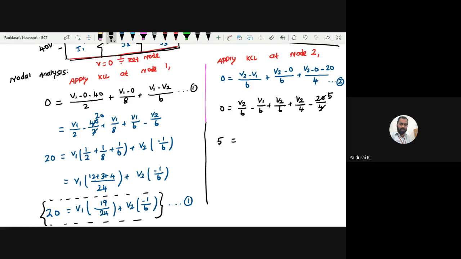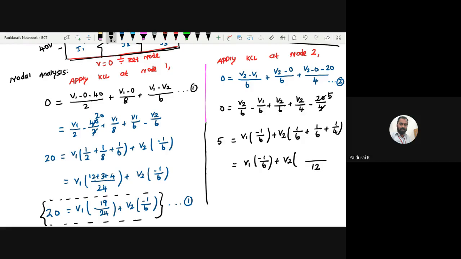So it is minus 5, then it becomes plus 5 when it goes to the left hand side. Take V1 as common. In V1 there is only one term, minus 1 by 6. Okay. Take V2 as common. In V2, what do we have? 1 by 6 plus 1 by 6 plus 1 by 4. Okay. So V1 times minus 1 by 6. In V2, now take the LCM.